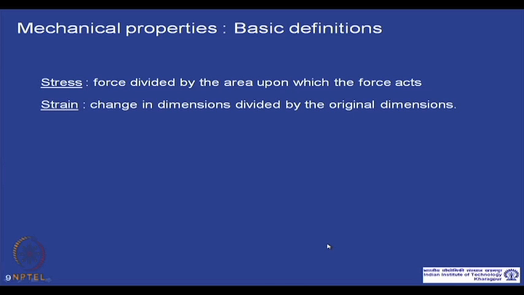So, now we have seen how these polymers are converted to articles. Now, we will discuss the properties of this final polymer, and these properties are very essential for the applications.